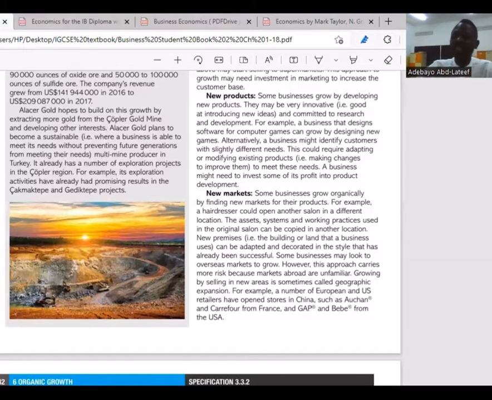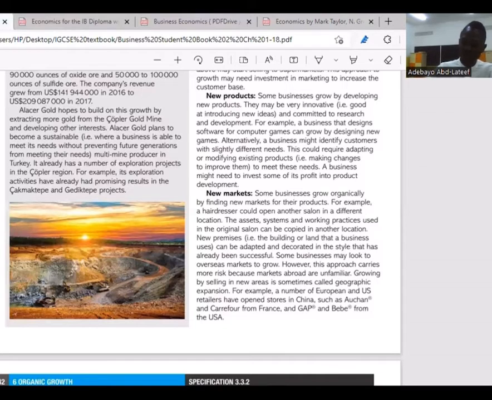The third one is trying to sell your market in new areas, which is geographic expansion. The fourth one is new business model, which means we're thinking about social trend or technological operation. And the last one is franchising, which means you are giving other entrepreneurs the ability to sell your products using your brand name. So these are different methods of organic growth.